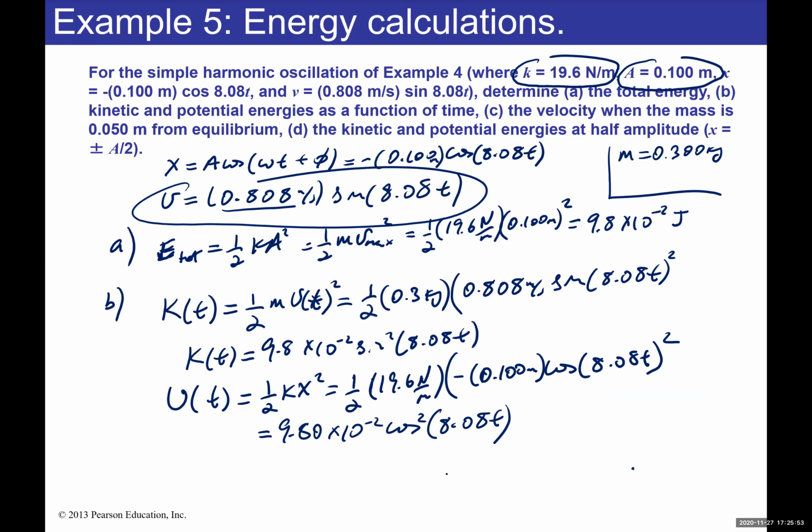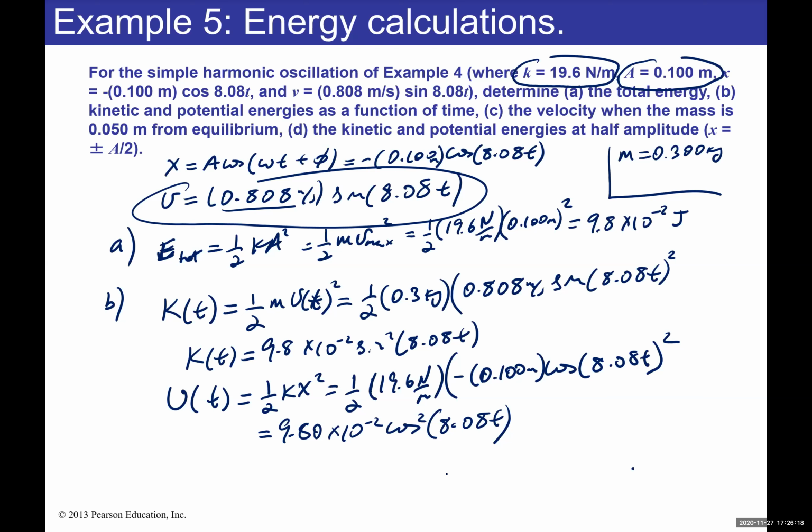Part C is asking for us to find the velocity when the mass is 0.05 meter from equilibrium. Now, how do we find that? Remember, you can solve for the velocity, or the speed technically. The energy approach doesn't give you velocity, it gives you speed because it's a scalar quantity.